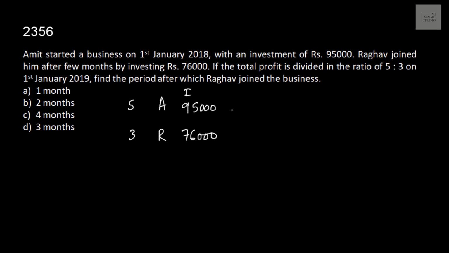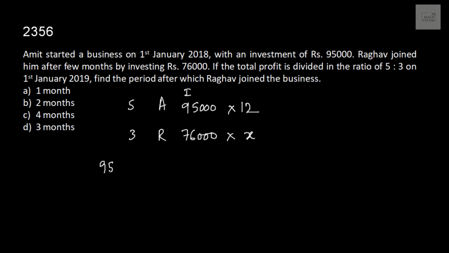That means Amit's investment is for 12 months, and we don't know the investment period of Raghav, let it be X months. The profit will be divided in the ratio of the weighted investment for the number of months they have been invested.